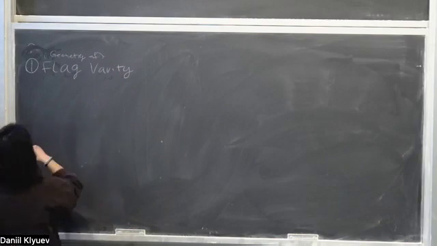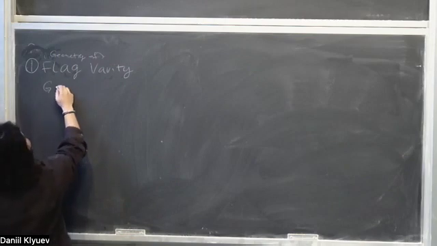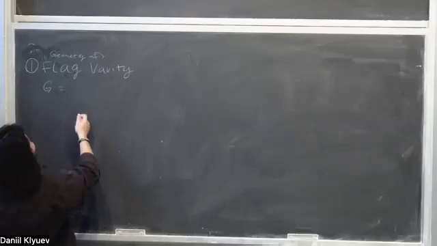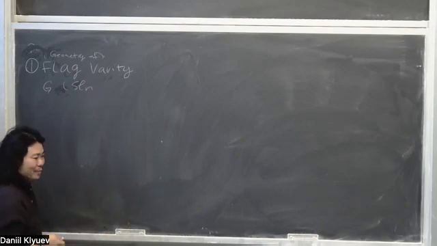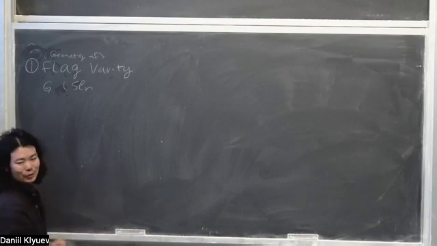Okay, so let's take some semi-simple reductive group G. Throughout the talk, it's probably good to just keep in mind, for example, SLN. And in some of my proofs, I'll only do it for SLN, but it should work for everything.